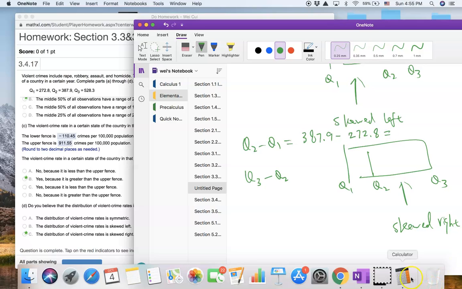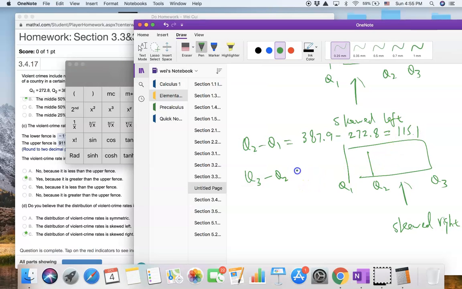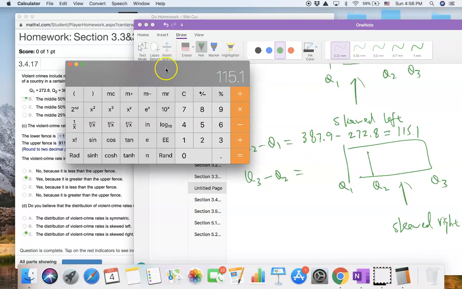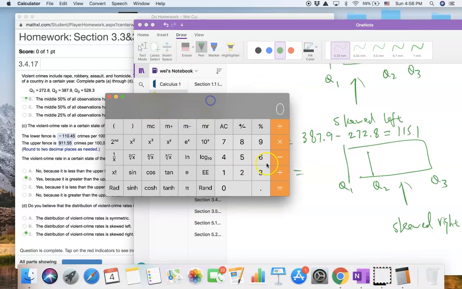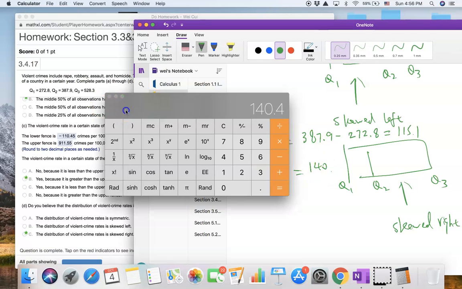So that's going to be 115.1. The difference between the third quartile minus the median, okay, that is 140.4.